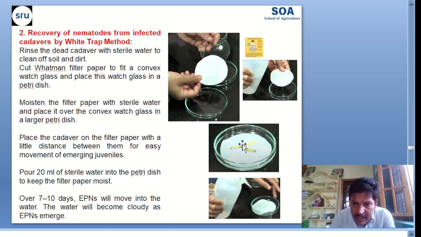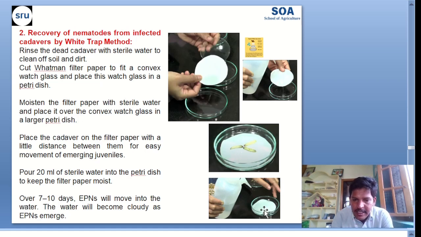Next, place the cadaver and the filter paper with a little distance between them for easy movement of emerging juveniles. In this Petri plate, pour 20 ml of sterile water to keep the filter paper moist.